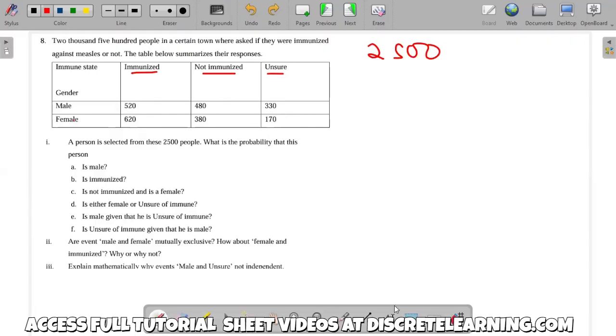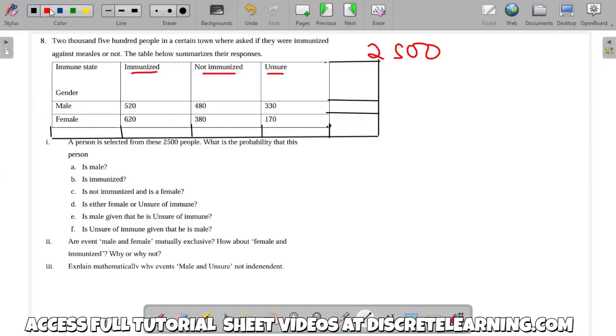The first thing when you see a two-way classification table is to make a box for the total numbers. So I'm going to write total there, and then you just start adding.